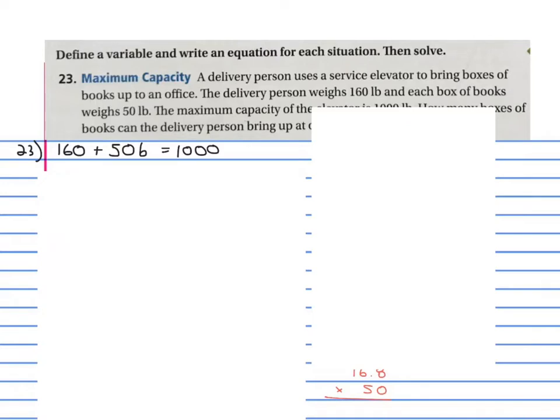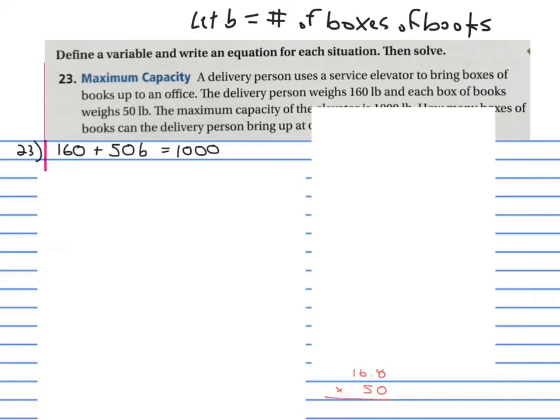Okay, so we can say let b equal the number of boxes of books that you're bringing onto the elevator at any one time. Okay, let b equal the number of boxes of books.